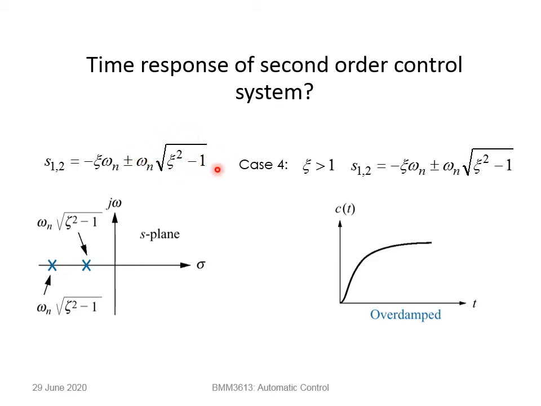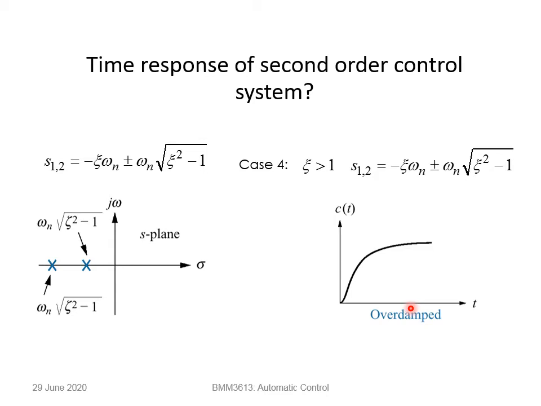So if it is not a complex term, it means the poles are now real numbers. They are real numbers, but they have two positions. So there are two distinct positions on the real axis of sigma. We know that if we have pole positions in such a condition, we have an overdamped system.